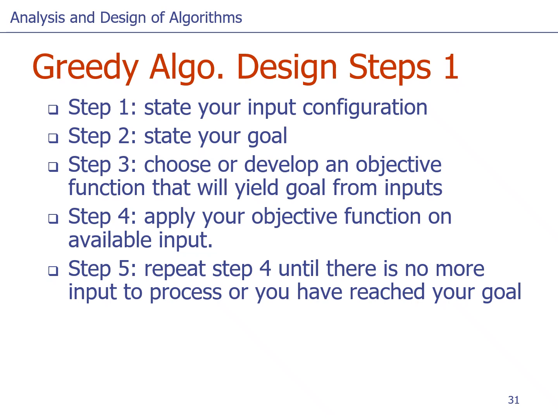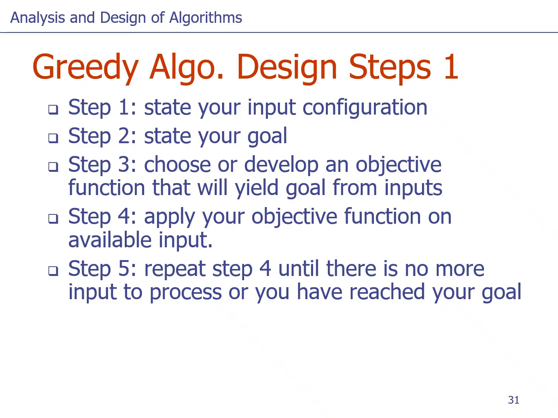So, before we start seeing the examples, let's go over the steps. I've tried here to formulate it in terms of steps. So whenever you get a question like design a greedy algorithm to do so and so, you should be able to do that in a systematic way. Step number 1, state your input configuration. Okay, what is your input? Step number 2, state your goal.